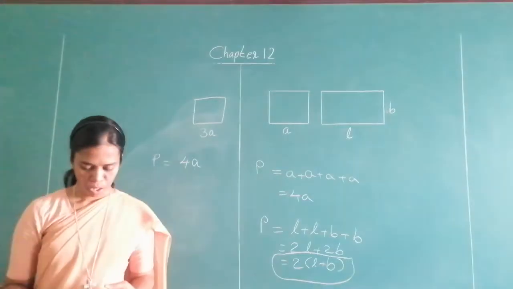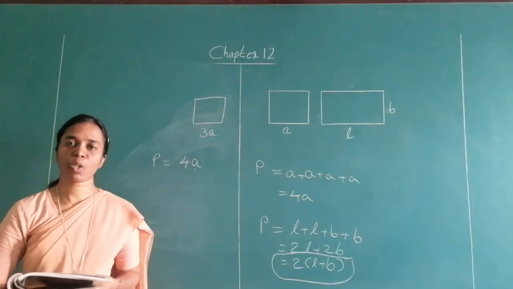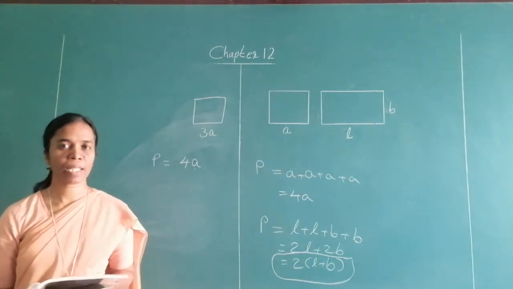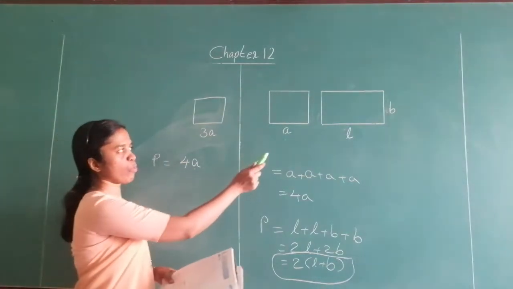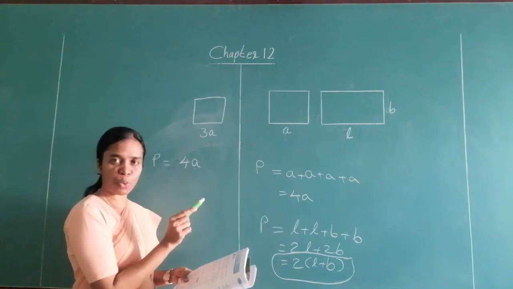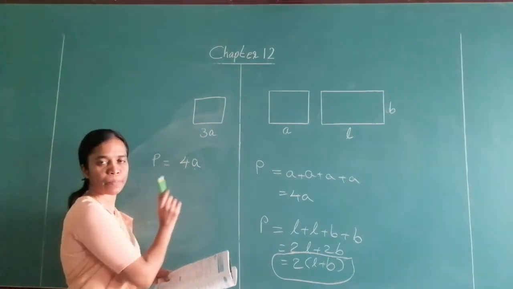Write: perimeter of a square with length A equal to 4A.